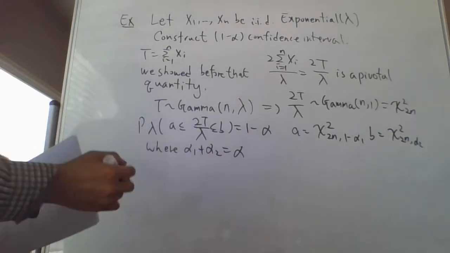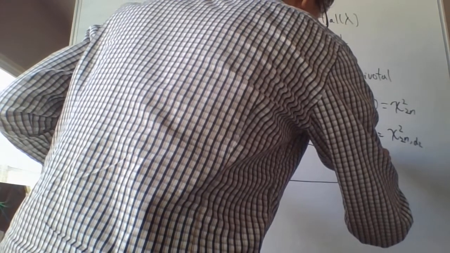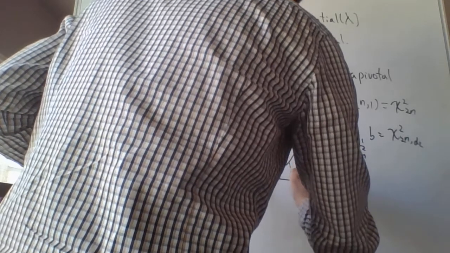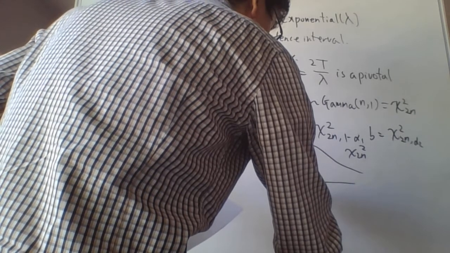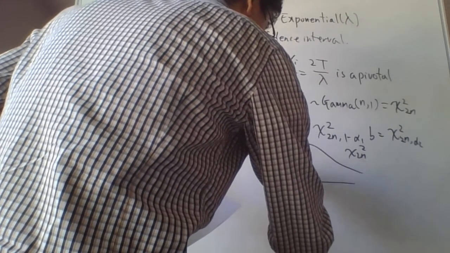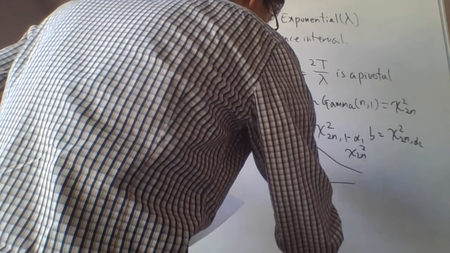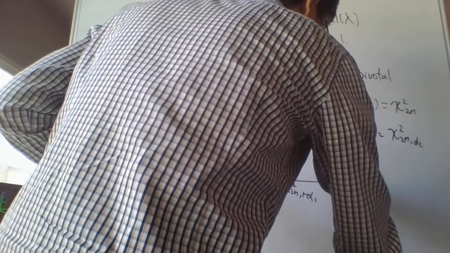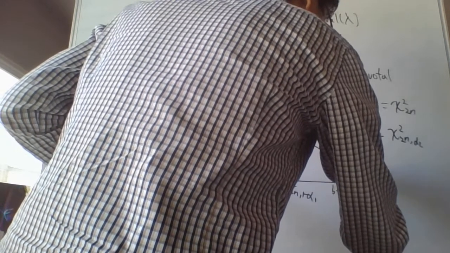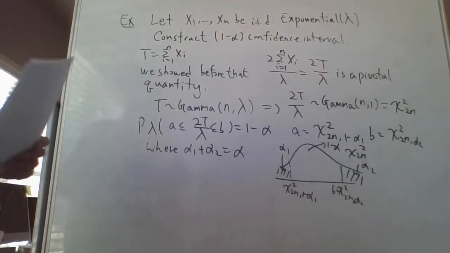So this is the chi-square 2n distribution. We take A to be chi-square 2n alpha 1, and this is alpha 1. B to be alpha 2, where this middle part is 1 minus alpha.